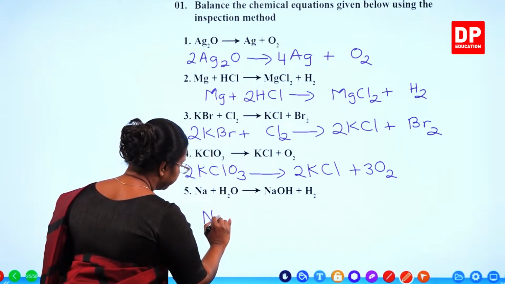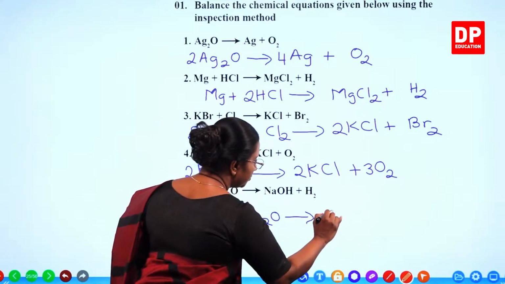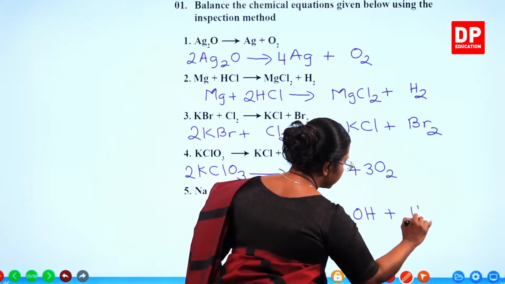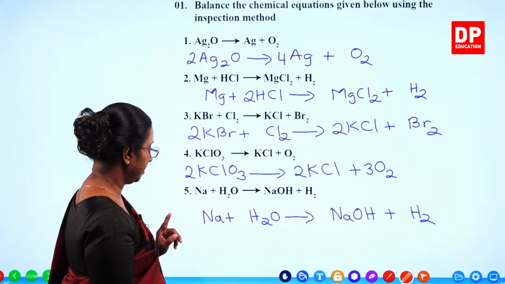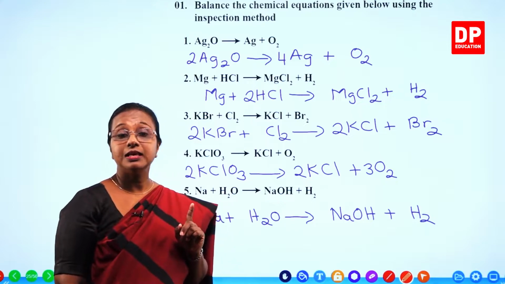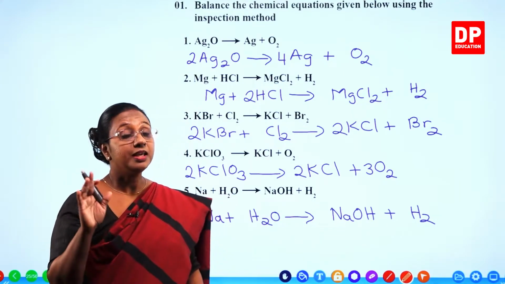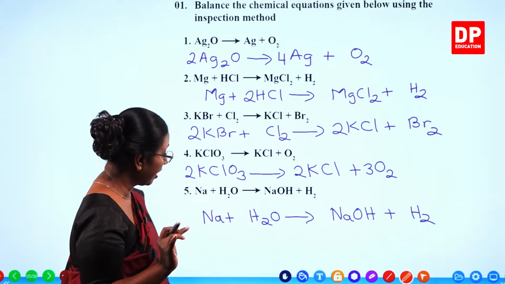sodium with water gives rise to sodium hydroxide plus H2. Now one sodium. Here you have 2 hydrogens, there you have 3 hydrogens. One oxygen. Here you can remember we balance it in a slightly different way. What do we do?